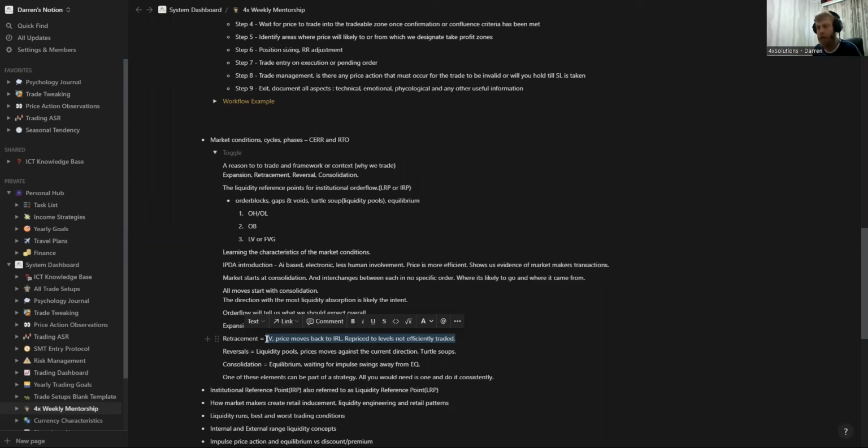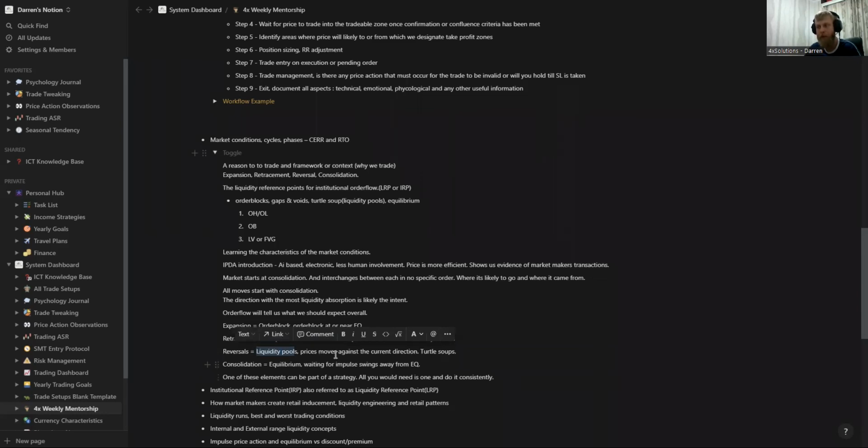So it expands in one direction, and then what happens? It retraces that inefficiency, and then likely what? Expand higher because it's retraced. That retracement is part of that liquidity void. So when it's expanding higher, it's easy to see. That is retracement. Reversals, like I said, there needs to be some kind of liquidity pool present.